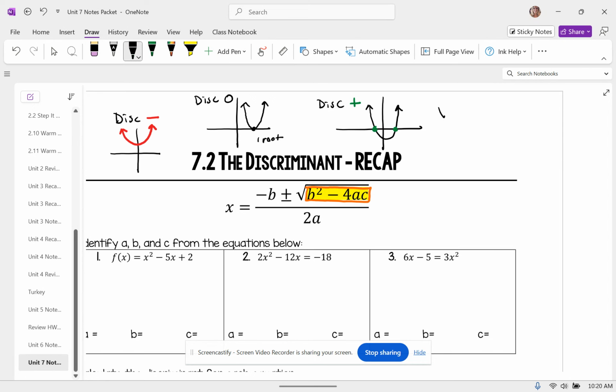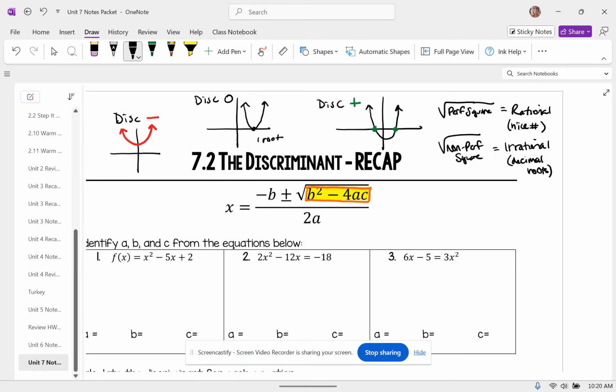If you've got a perfect square under that square root symbol, you have rational or nice number roots. If you have a non-perfect square, you're going to have irrational or decimal roots.